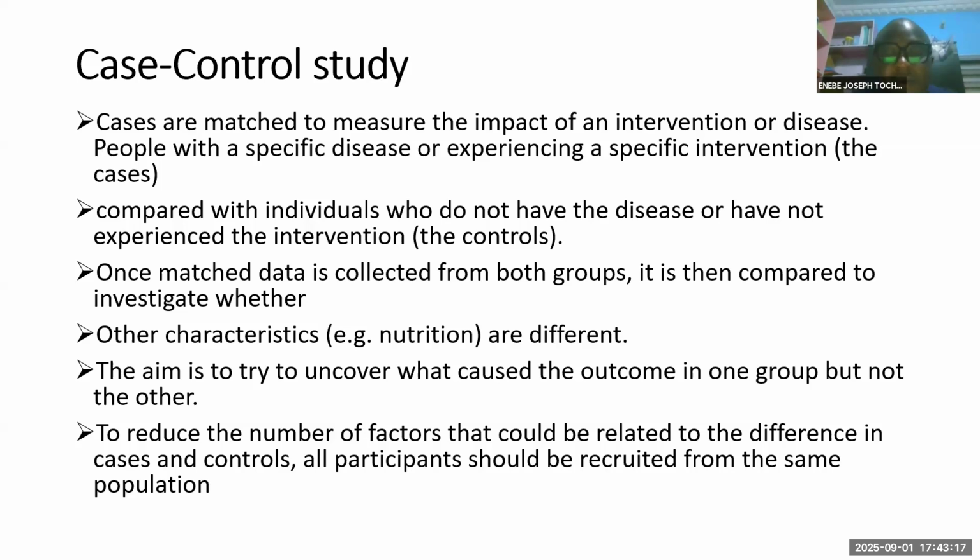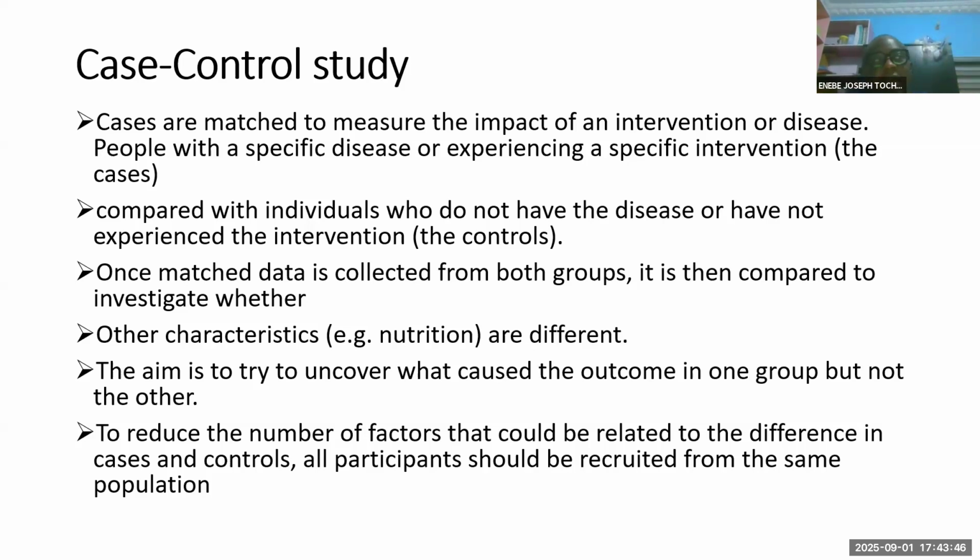Now, to reduce the number of factors that could be related to the difference between the cases and controls, all participants should be recruited from the same population. So if we want to check the effect of consumption of folic acid among pregnant women, or let me say the use of micronutrients on women that have preeclampsia, we may identify women that have preeclampsia and healthy pregnant women.